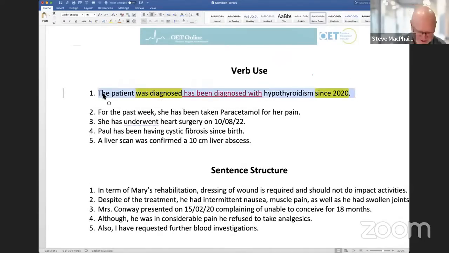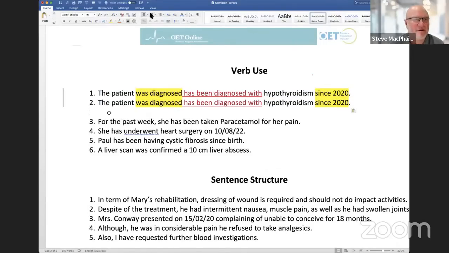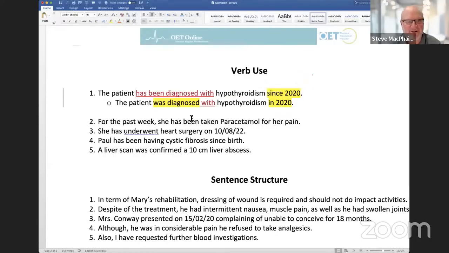We can copy and paste this one. The patient was diagnosed with, and we'll change this to in for the year, right? So these are the corrected versions, everyone. It's 101 OET.